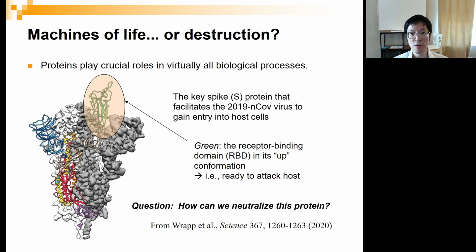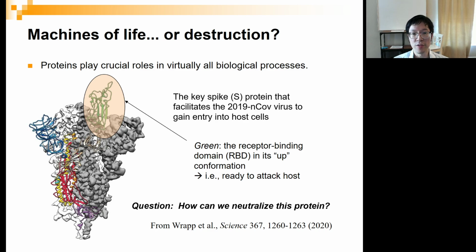So that's the key question I just put on the screen here: how can we neutralize this protein? One way is to block the RBD by, for example, designing drugs or proteins that the RBD would bind to instead of attacking the host cell.